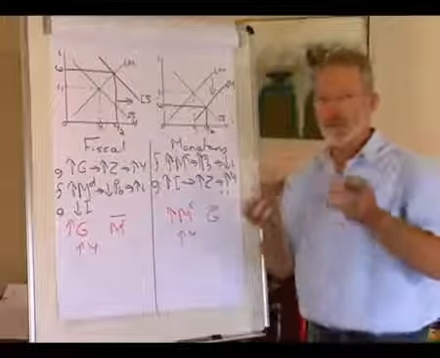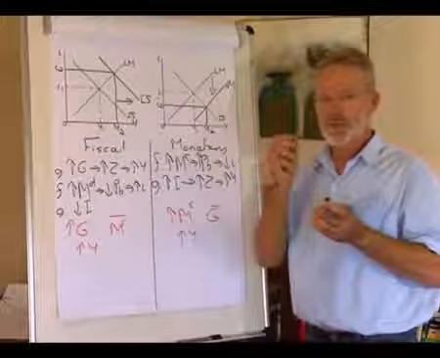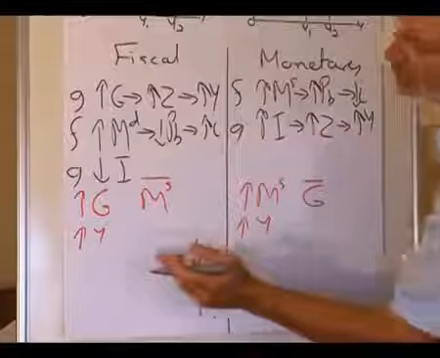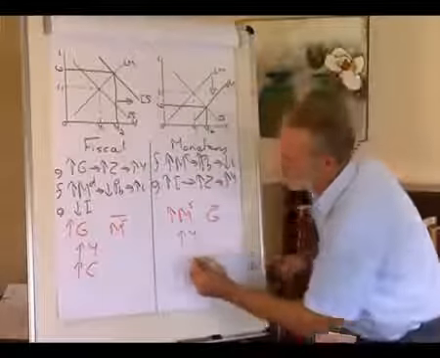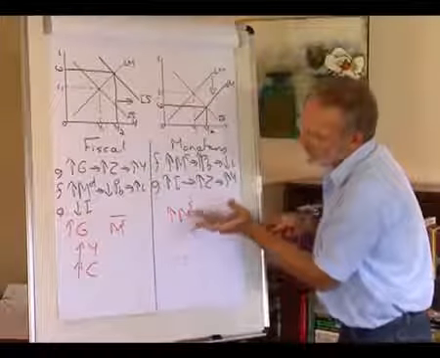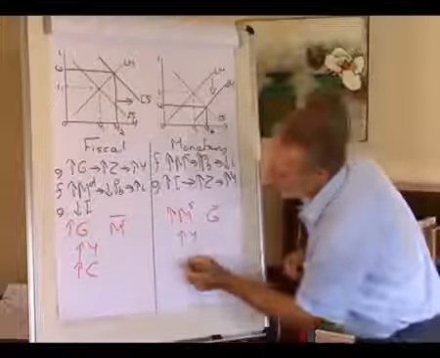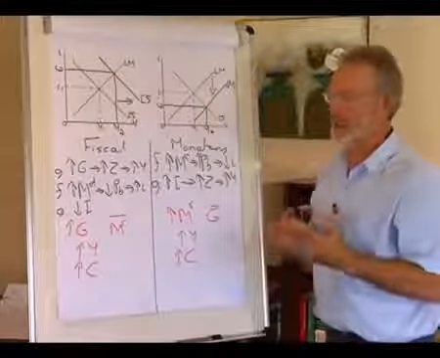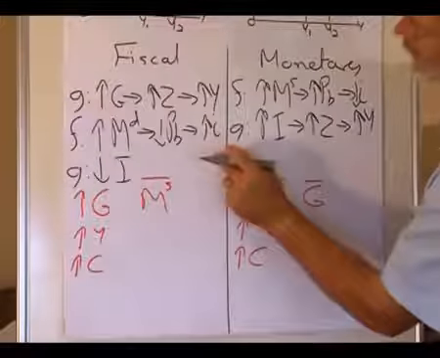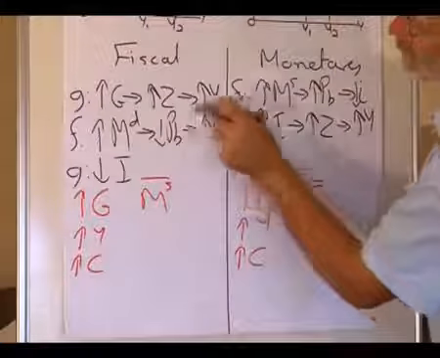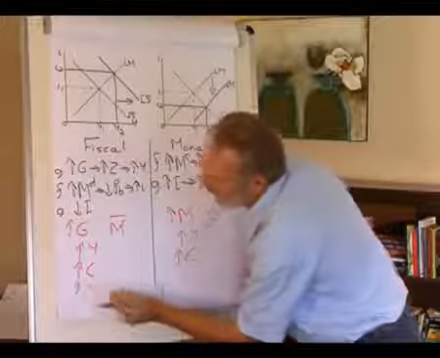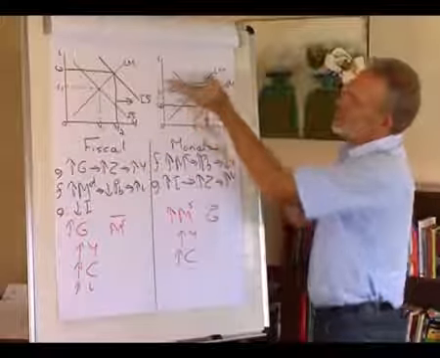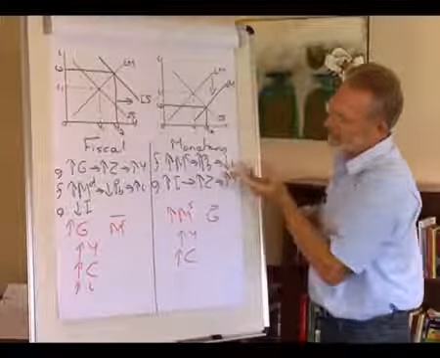Now we know private consumption spending is a function of the output level. So private consumption spending increased, and that is true with monetary policy as well. We had an increase in the level of output, so private consumption spending increased. With fiscal policy, we see that the interest rate increased. So here, the interest rate is higher, but with monetary policy, we had a decrease in the interest rate.